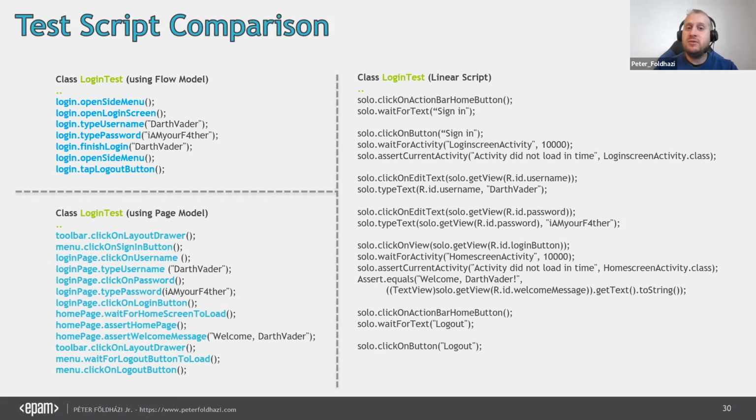But if you want to reuse some of the steps, some of the concatenated user flows, such as a successful login scenario, which you might leverage in a couple hundred test cases, then the flow model is definitely going to make your life easier. It's going to shorten your test cases and make them more readable.